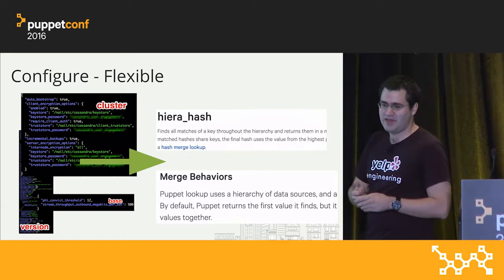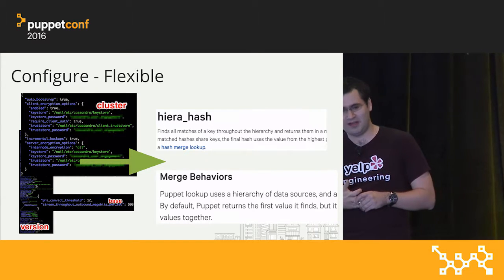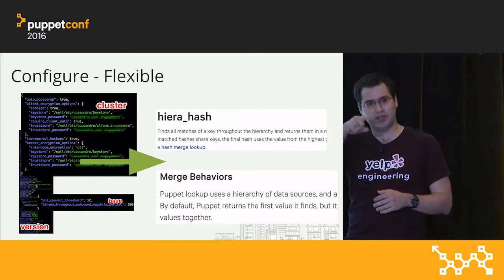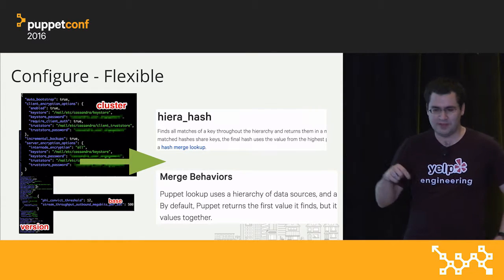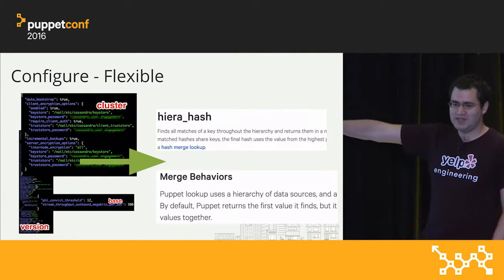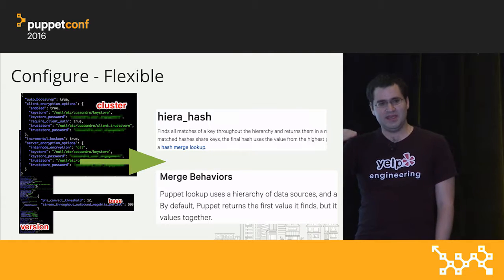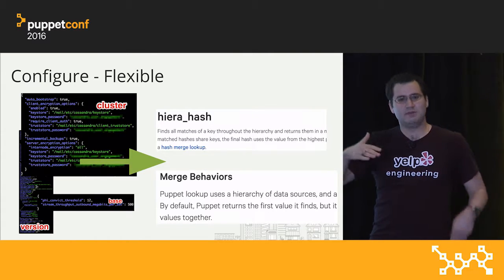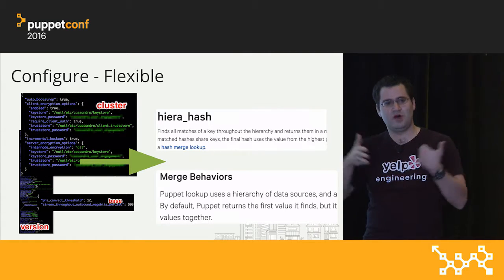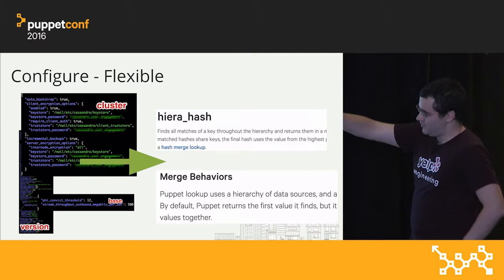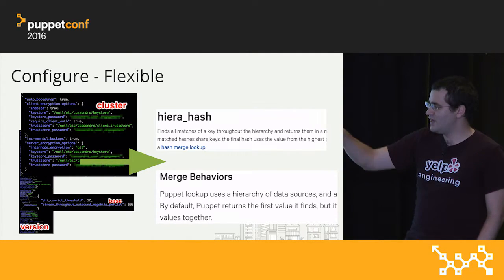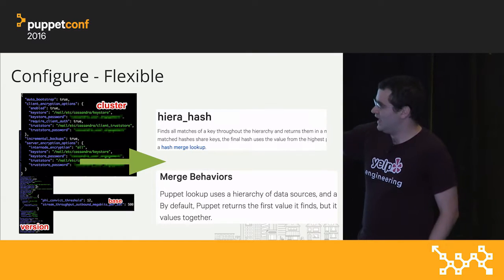The first step to that is a great function called hiera_hash. In Puppet 4, you can also just do lookup with a merge behavior. Basically, instead of looking up the key at the highest level of the hierarchy, it merges the value of that key from all of your hierarchies. For example, this key, which is the config for the Cassandra.yaml file, gets merged.